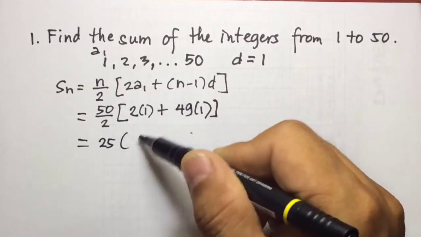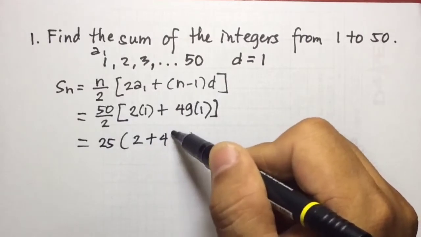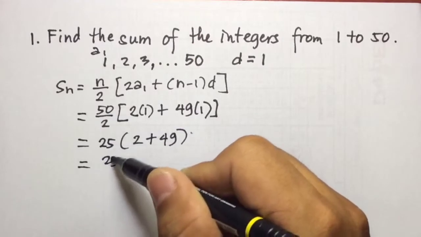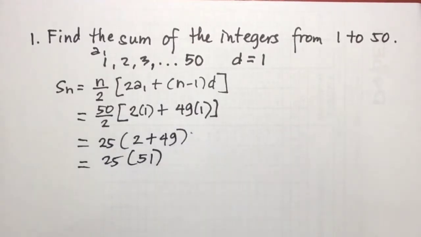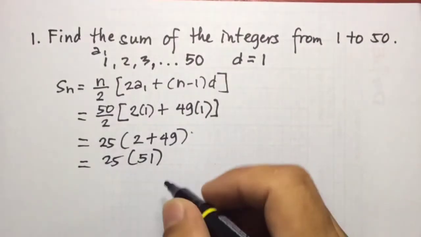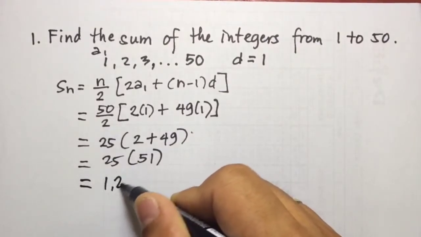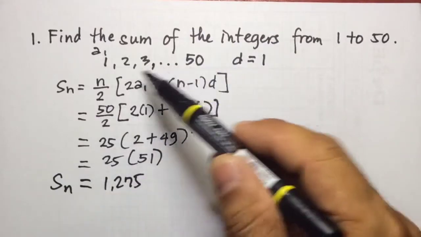Then times 2 times 1 is 2. 49 times 1 is 49, so plus 49. Then 2 plus 49, this is 51. So 25 times 51 is equal to 1,275. So this is the sum of the terms of the given sequence.